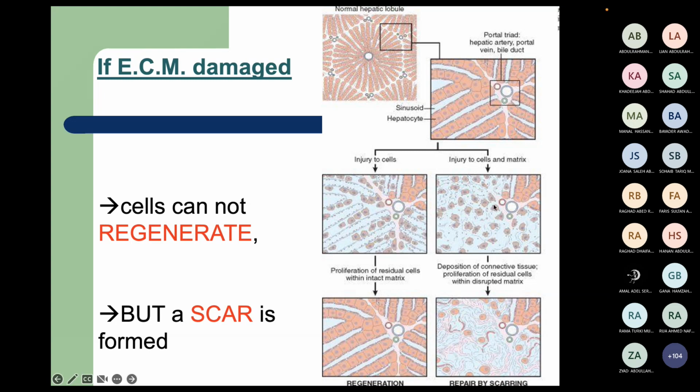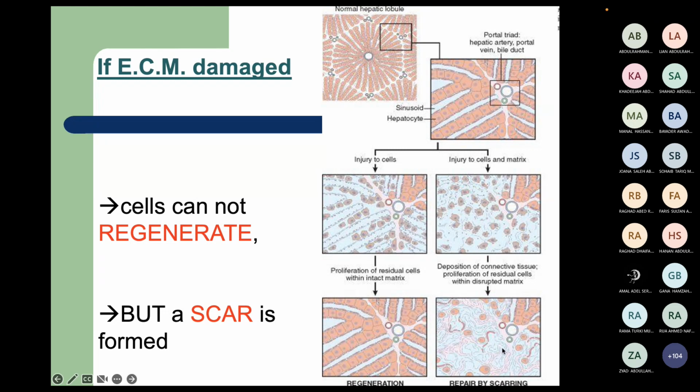But if you look here, if there's a liver abscess, bacteria produce a liver abscess, it will kill the cells of the liver, and also damage the matrix. They will also injure the matrix. Now regeneration cannot occur. Now the repair will be by fibrosis. So this is so important.